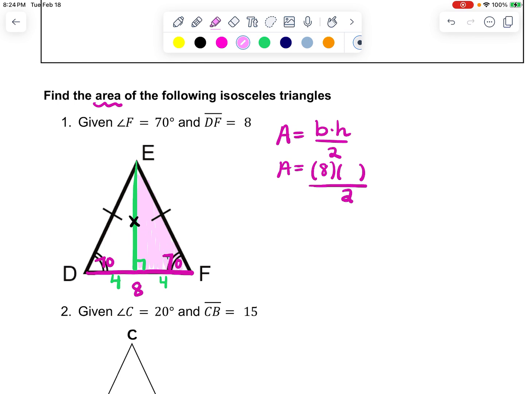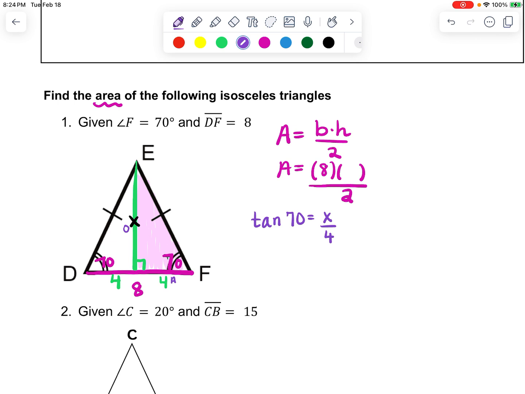So if I look at that pink triangle, this is going to be my opposite, and this is going to be my adjacent side. So I can use tangent of 70 degrees is equal to x over 4. Notice I'm not using 8 because I'm only using the little triangle.